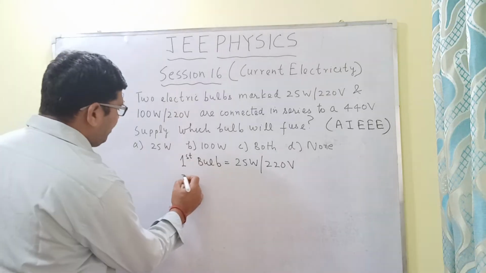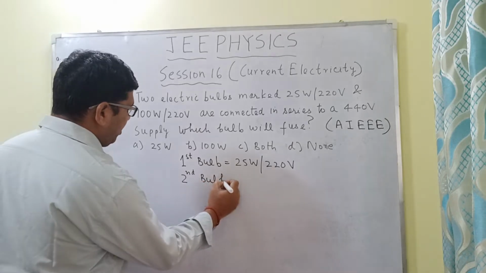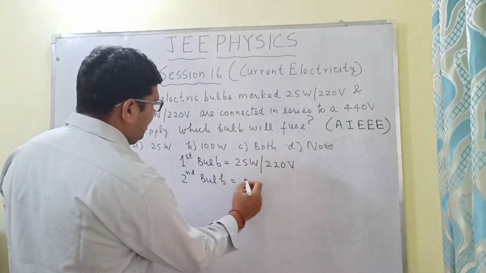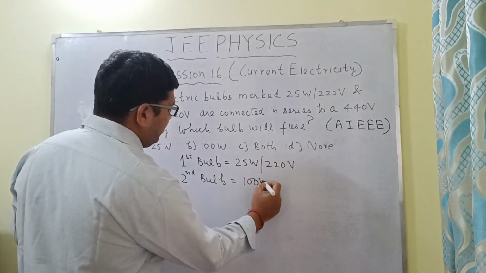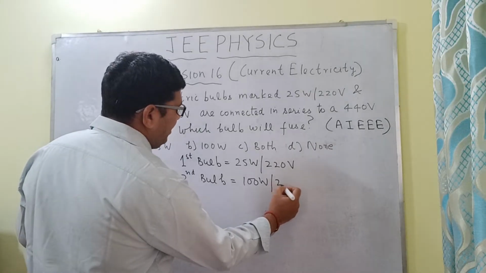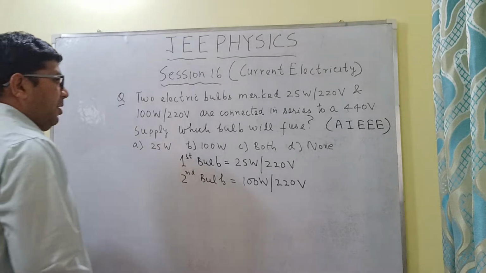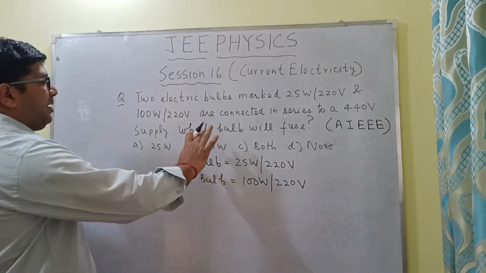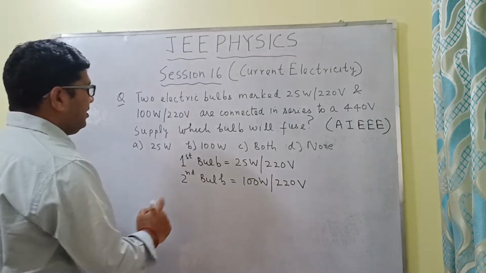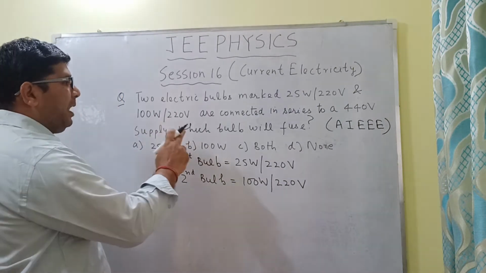And the second bulb का जो rating है, this is 100 watt and when the supply voltage is 220 volts. ठीक है. Now these two bulbs are connected in series to a 440 volt supply. So the question is which bulb will fuse.